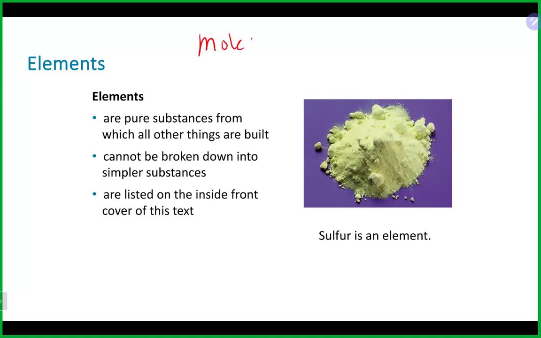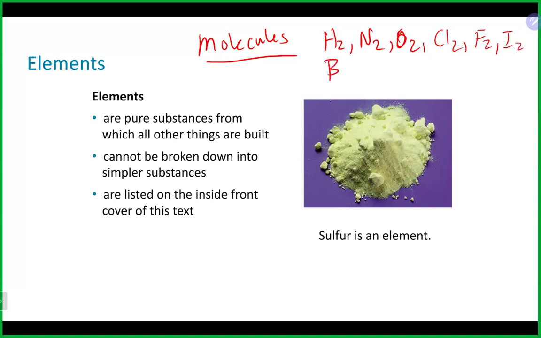There are certain elements that naturally come as molecules, which means they come as twos. Hydrogen comes as H2, nitrogen comes as N2, O2 for oxygen, Cl2, F2, I2, Br2. These are all elements, and this is how they naturally come when they're not combined with anybody else.